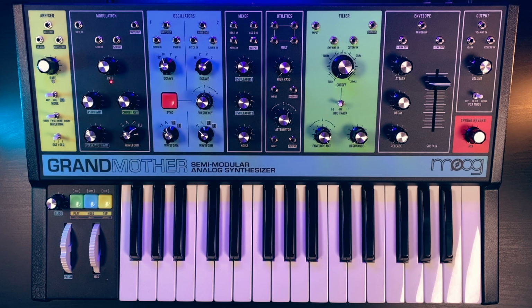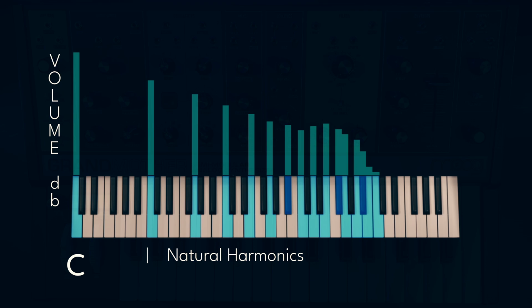But okay, how can we apply this knowledge from the guitar string analogy to the synthesizer? If you look at this schematic drawing here, this represents the harmonic series of the note C distributed on a keyboard, and the height of the blue bars represents the volume of each harmonic. The precise difference in volume of all these overtones is what gives an instrument its unique timbre.